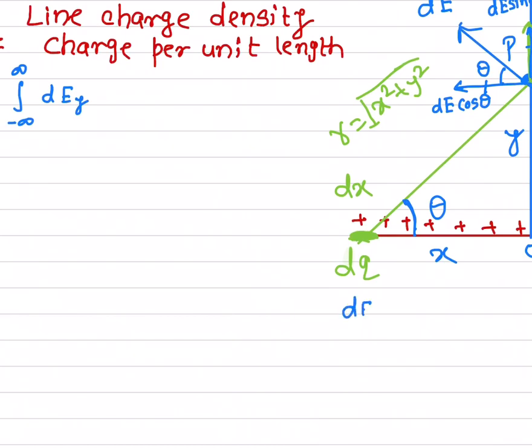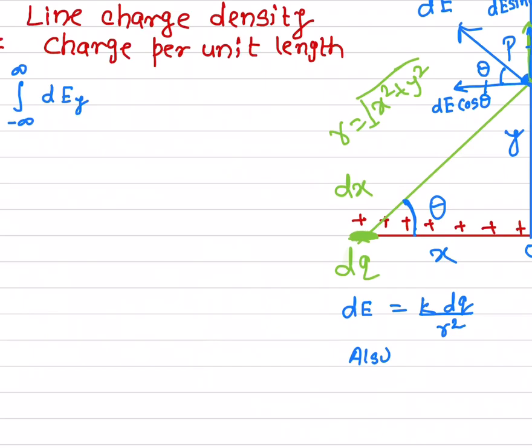We'll just write down here, the dE at this point is given by K, and what is this charge here? dQ. This charge is dQ. And what is the distance? The distance from this point, this distance is r. So remember, this is r squared.